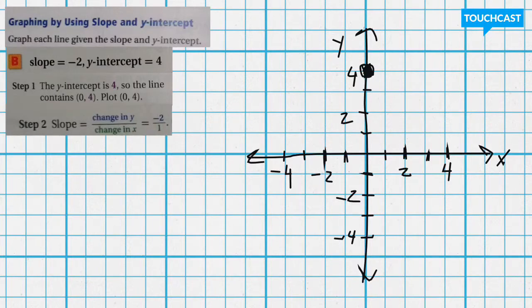Then we're going to use our slope, change in y over change in x, our rise over run. Because this rises -2, we're going to go down 2. And since it runs 1, we're going to go over 1. And we're going to put our next point right there.